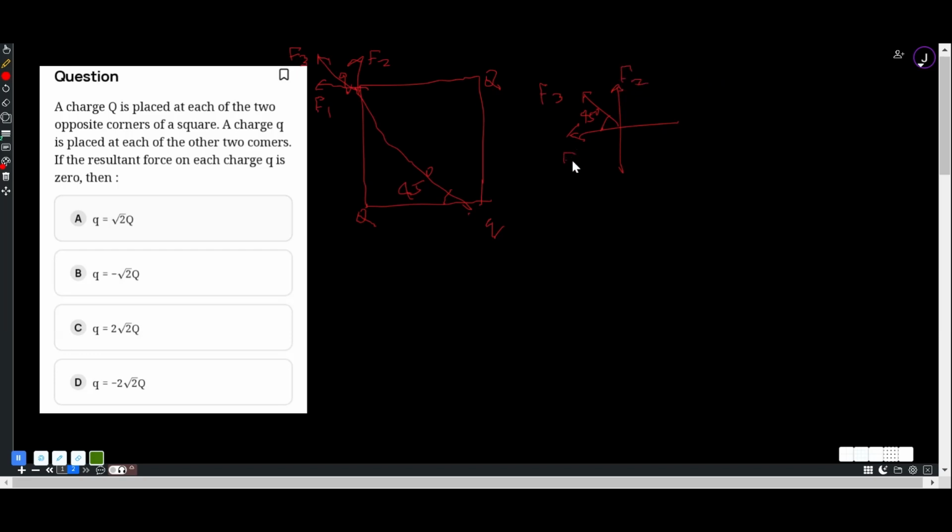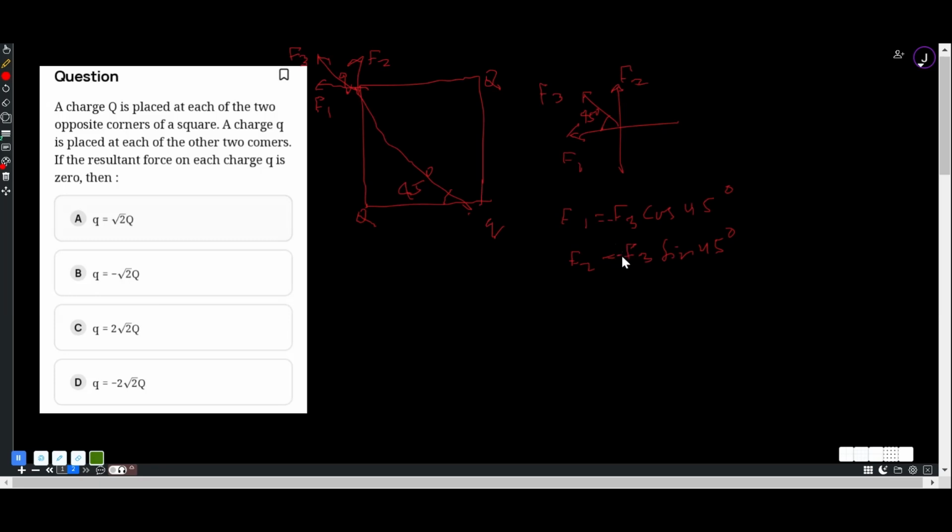Now as they say that there is no net force on smaller q, that means all the forces should balance out in both the x and y axis. So here we are evaluating forces on the x axis, and we have F1 and we have the cos component of F3, so F1 plus F3 cos 45 is equal to 0.